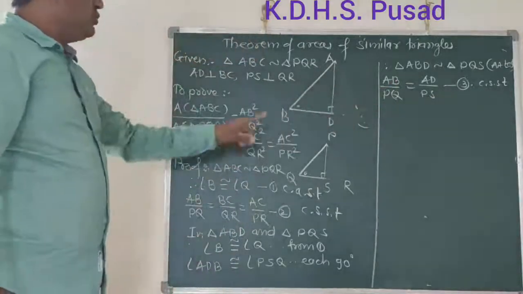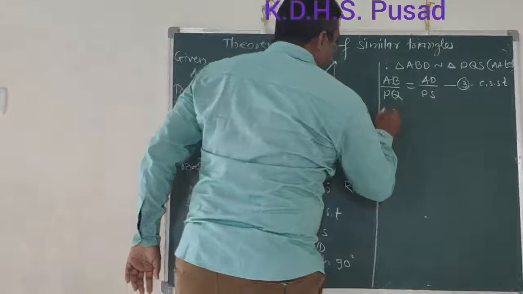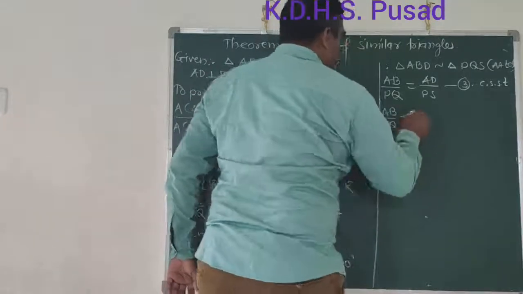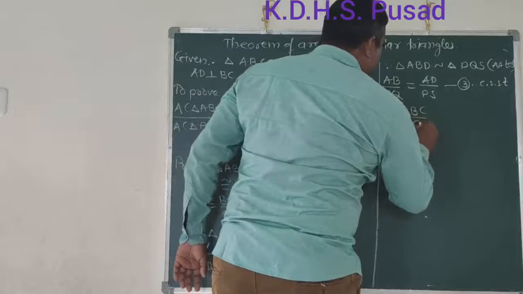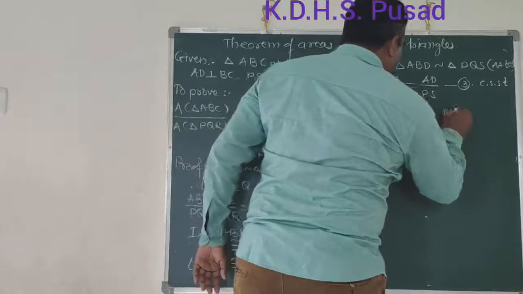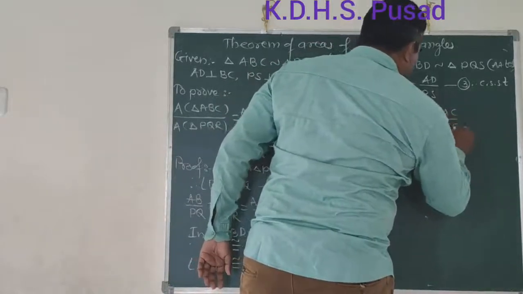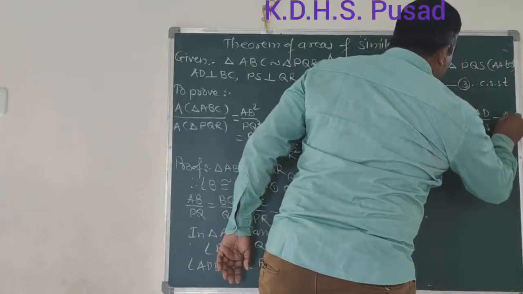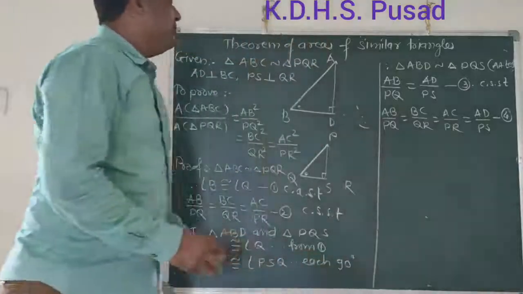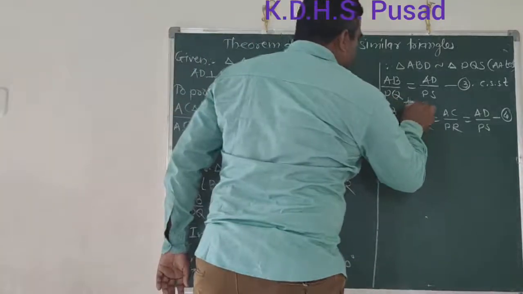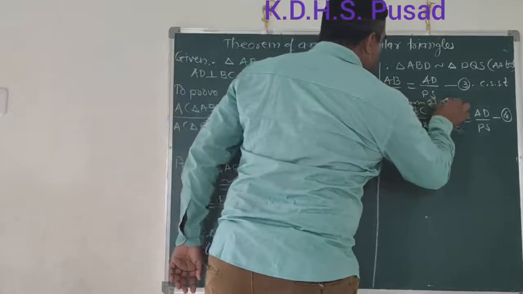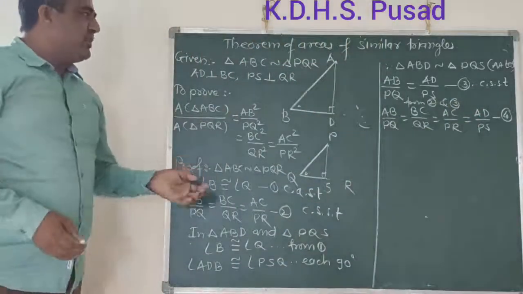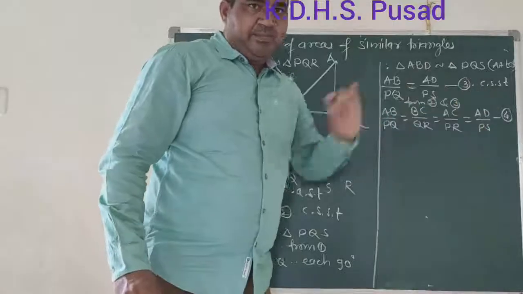That means if we merge these two, from 2 and 3, you will get AB by PQ is equal to BC by QR is equal to AC by PR is equal to AD by PS. Equation 4. So up to here we got all these four equal.